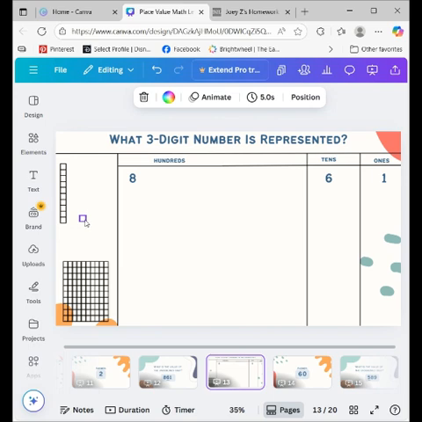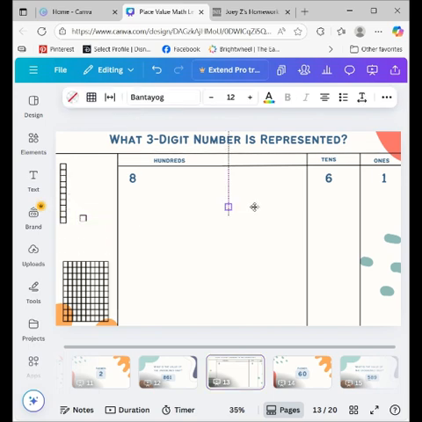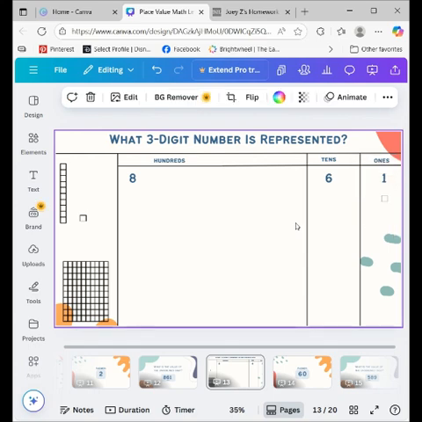Yes, just 1. Then here's number 6. So how many do we need to bring over?